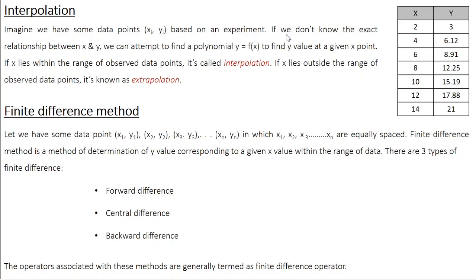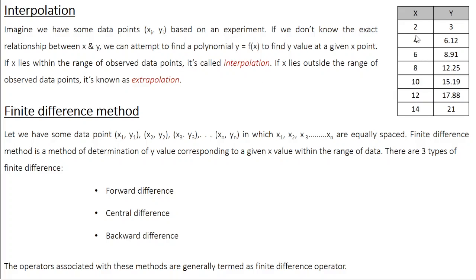In general, we try to find a polynomial y equal to f of x. Once you find this polynomial, for any given x point, you can calculate the corresponding y value. Now, if the x value lies within the range of observed data points, it is called interpolation.